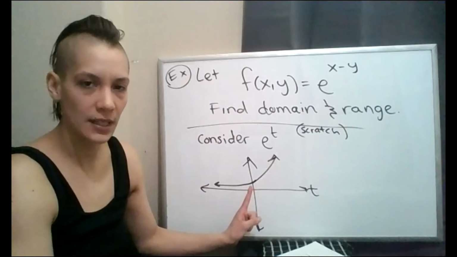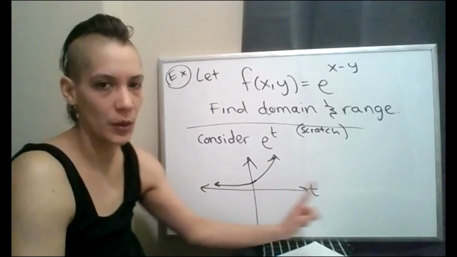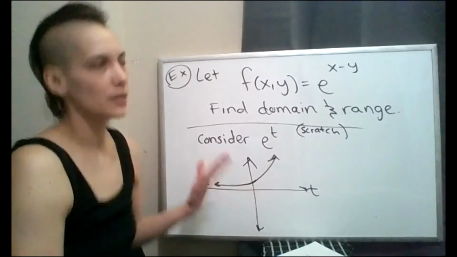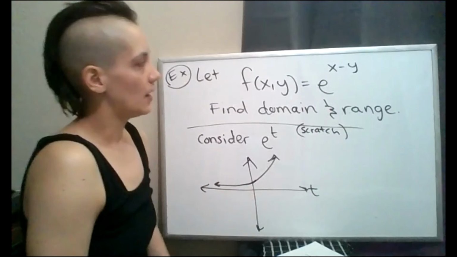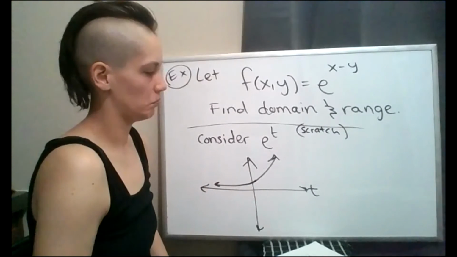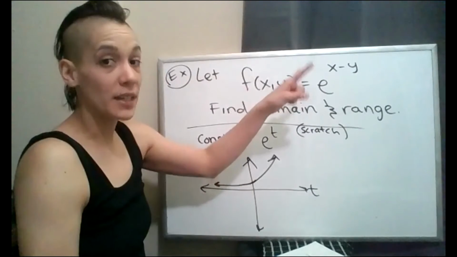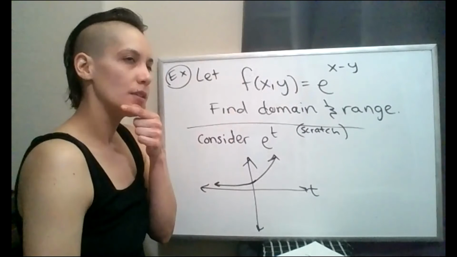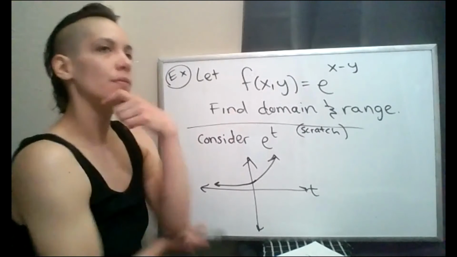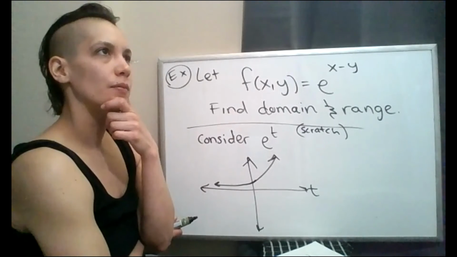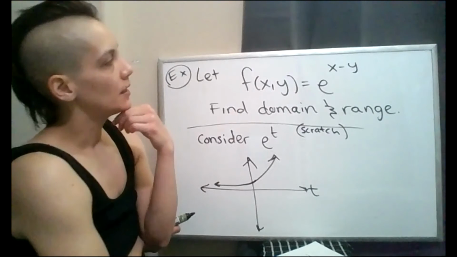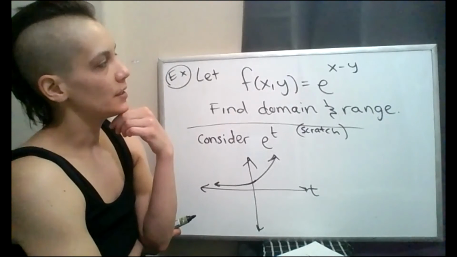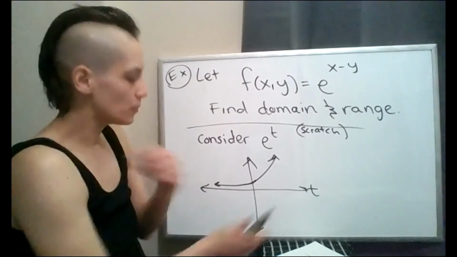All right, values of t can be negative infinity, and they can go up to positive infinity. So there's no restriction really on what x minus y could be. It doesn't have to be strictly greater than 0, or it could be any number. Cool. So let's see.